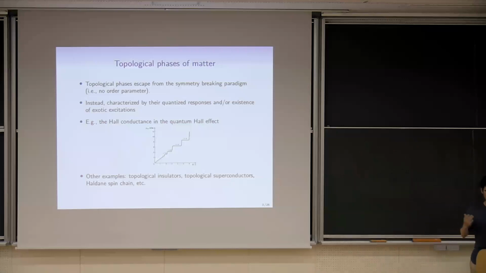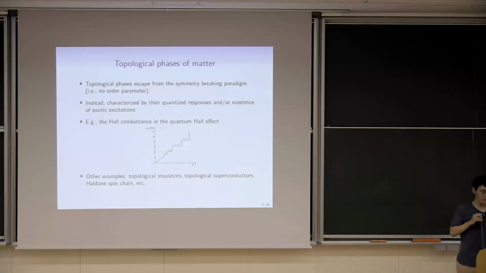And then there are many other examples. For example, you may have heard about topological insulators or superconductors, or topological states in spin systems such as the Haldane spin chain, and so on and so forth.